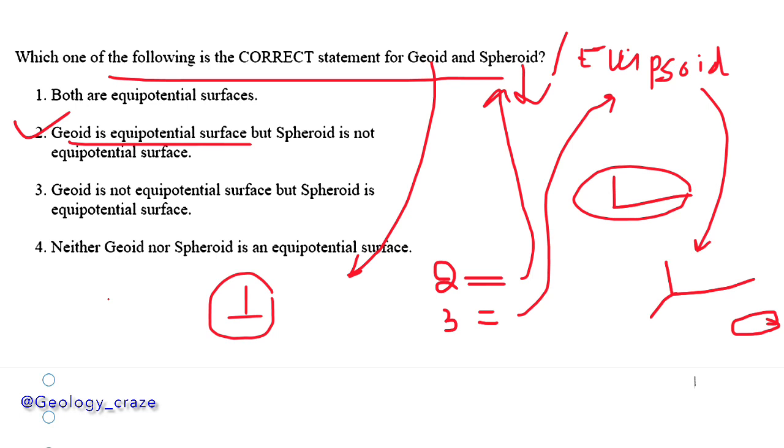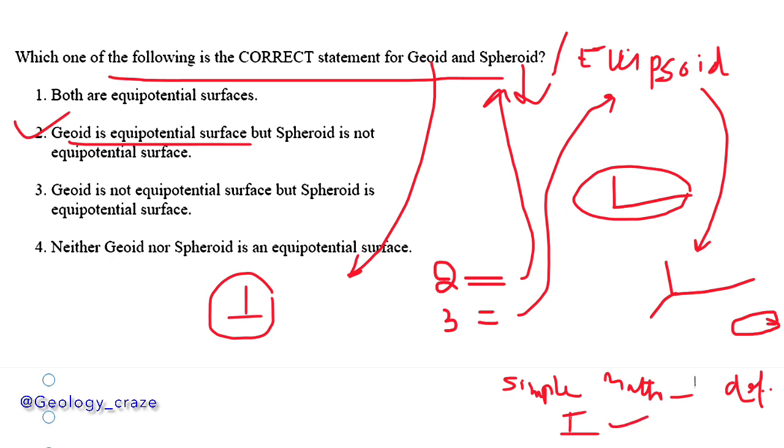There is one more concept you should remember: this spheroid is formed from the ellipsoid, so it is a simple mathematical definition, described by two parameters, and cannot be sensed by instruments.